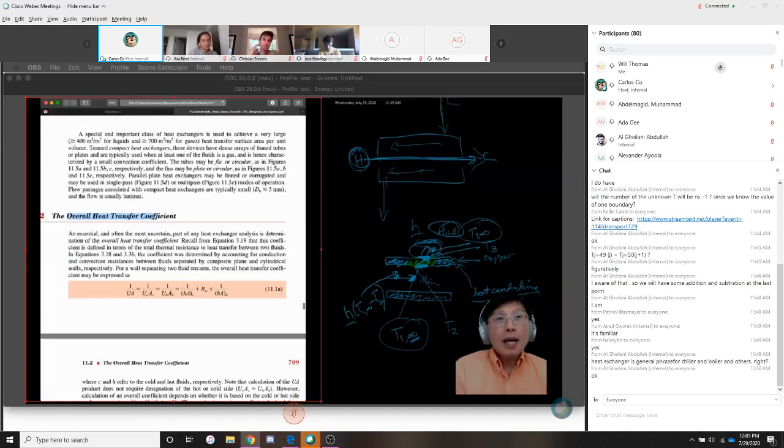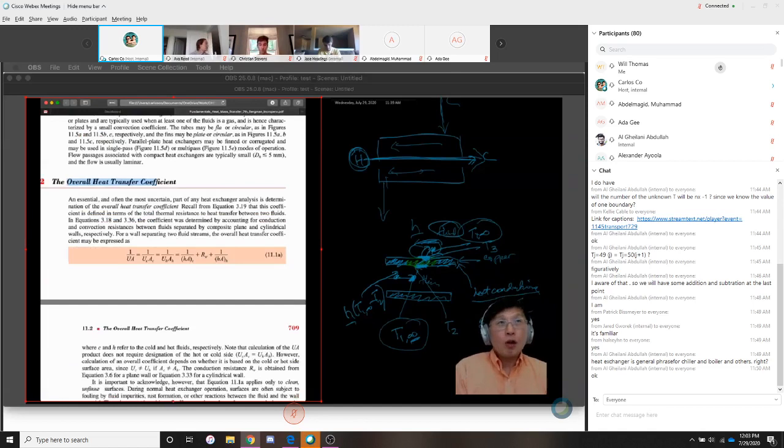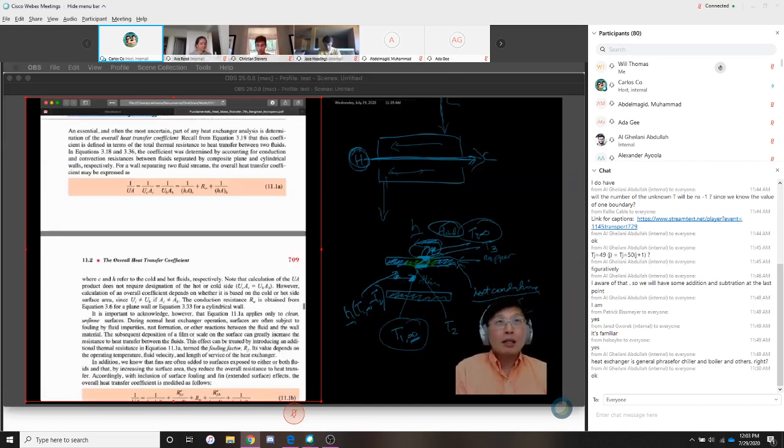And so the way that is done is over here, you will see this UA. Well, what does that UA mean? This U is referred to as an overall heat transfer coefficient.